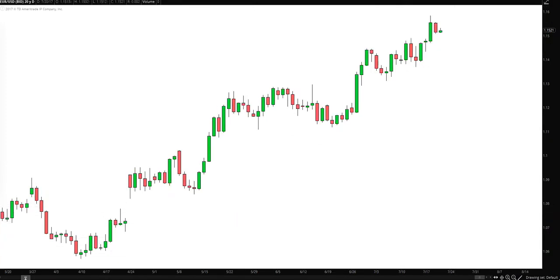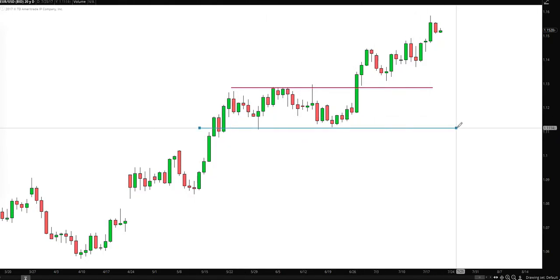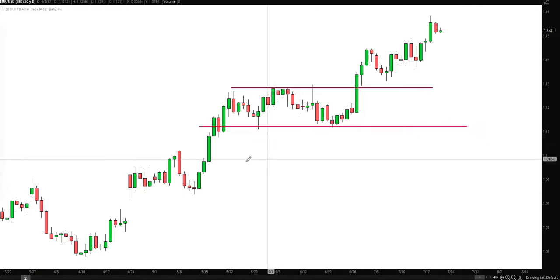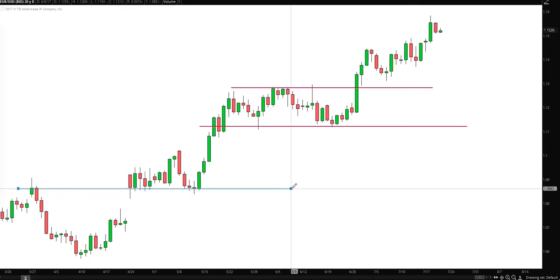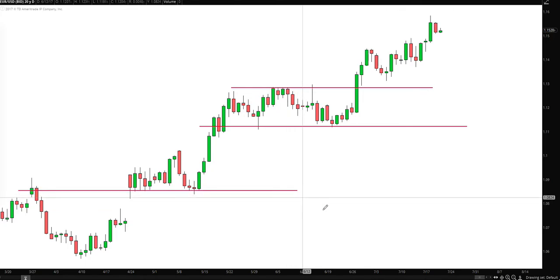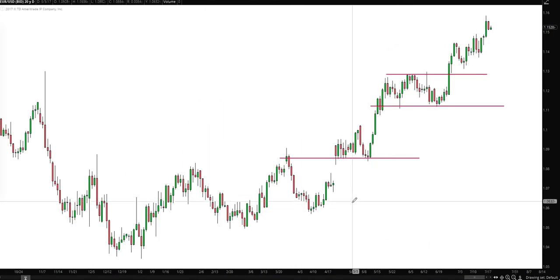And here is a zone here. Well, here's the price level here that was hit 2 to 3 times. Here's a price level here, that's 2 to 3 times. Price level here, 2 to 3 times. And here, we'll even draw that one in also.